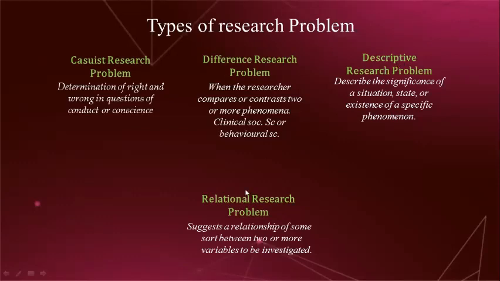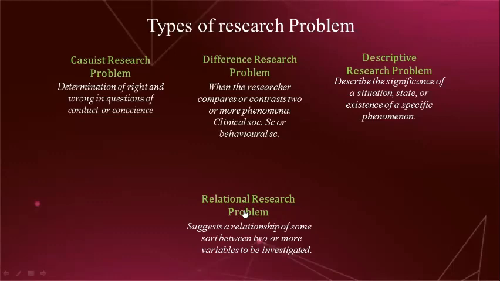Then comes the relational research problem. When we speak of relation, a relation cannot be made with just one individual. In layman's language, it must be between more than one. For example, here we have a relation between a teacher and the student. I can't have a relation within myself.